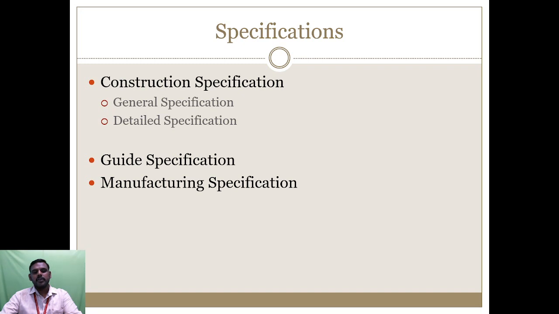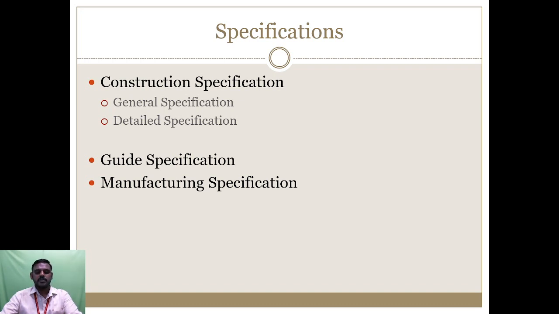Based on that we divide into different classes as per the specification. Specification is a standard book we have to maintain to know the quality of the structure. The general specification interprets all the details of the materials and methods of usage.